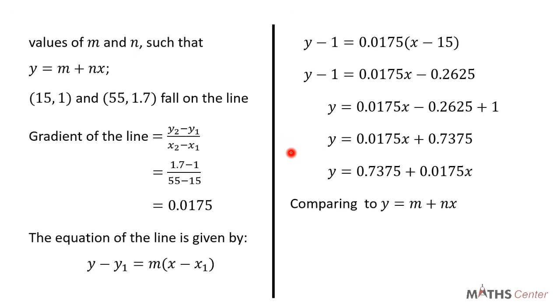Now when you compare this to y is equal to m plus nx, you can see you have y here, equal to sign here, equal to sign here. So m is 0.7375. Then the n will be the coefficient of x here, which is 0.0175.